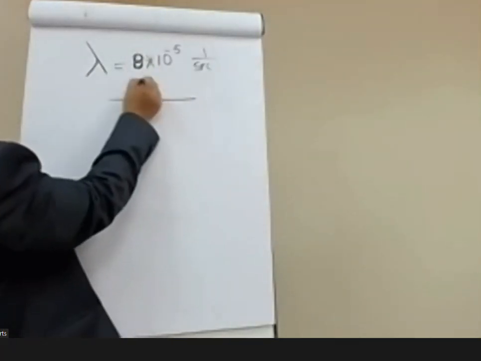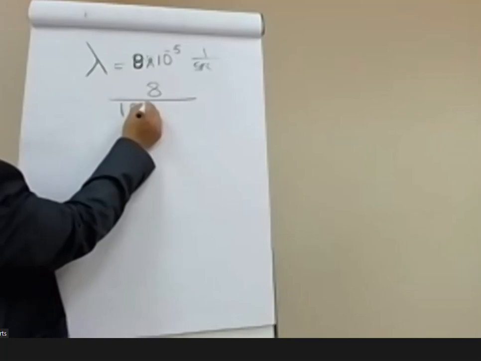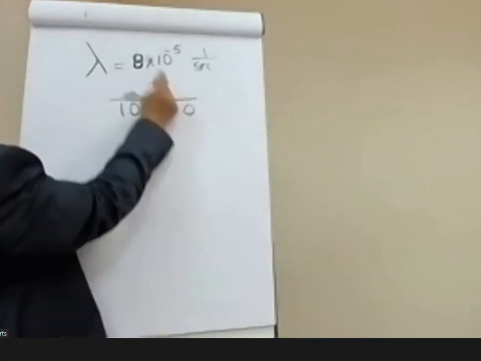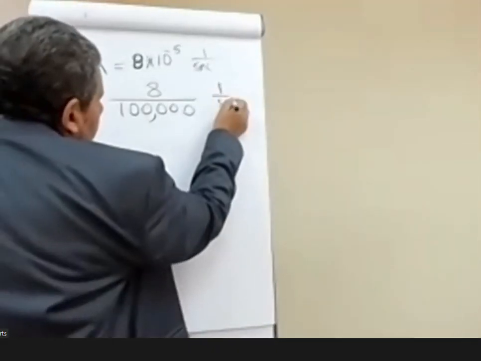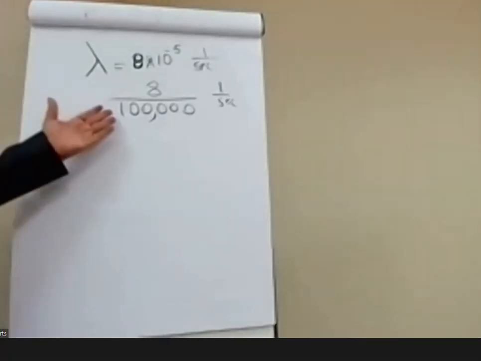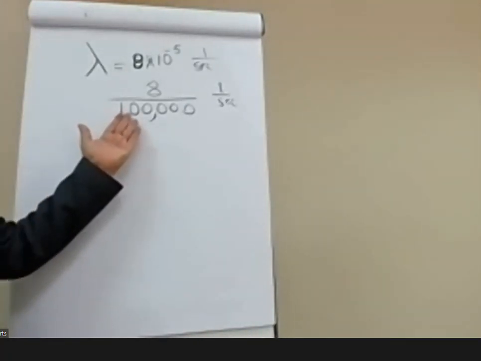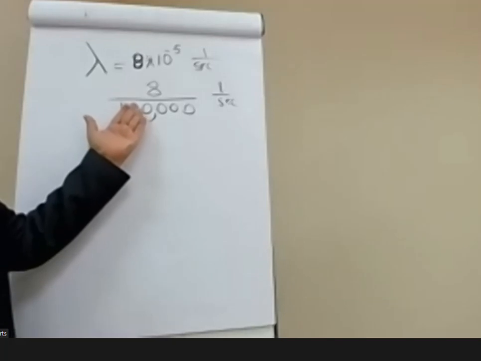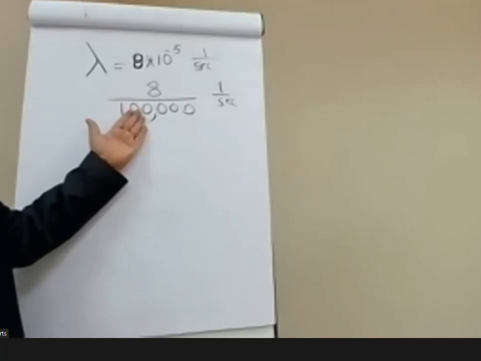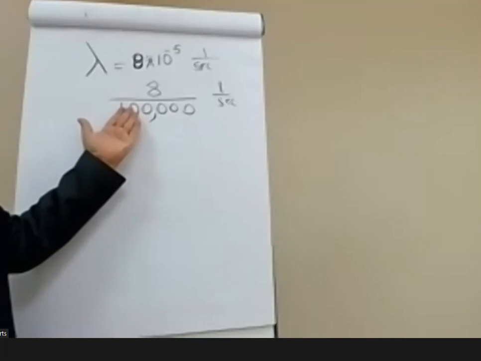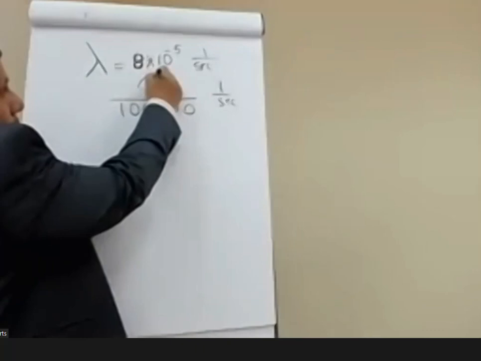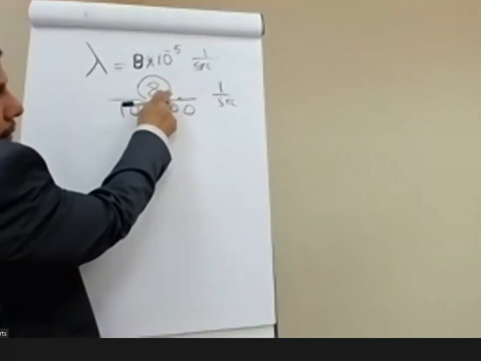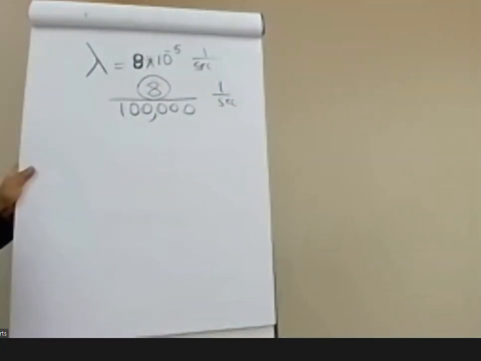This is 8 divided by 1 followed by 5 zeros, that is 100,000, per second. If your source has 100,000 radioactive atoms, only 8 will decay during 1 second.